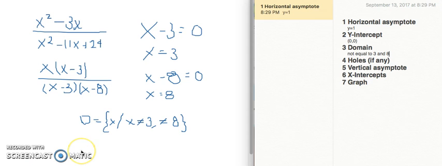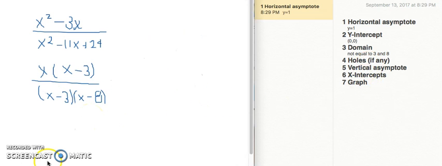And now we have to find a hole or holes, if there are any. To find if there are any holes, we look at the factored equation and see if there are any equal expressions in the numerator and the denominator.